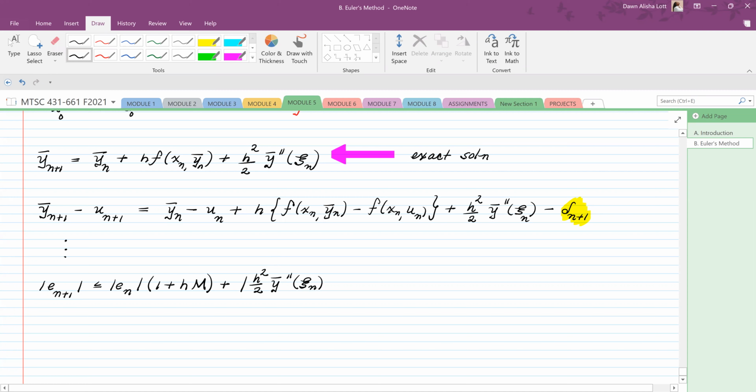Now you can see where I maximized that and came up with the infinity norm, minus the absolute value of delta.